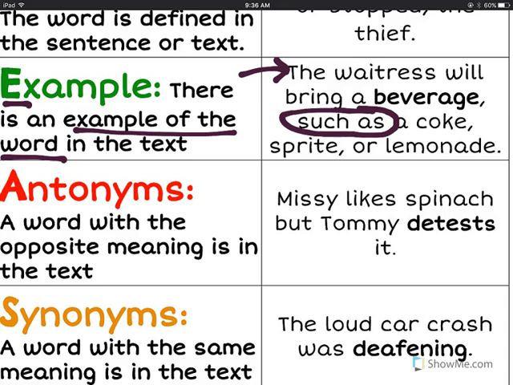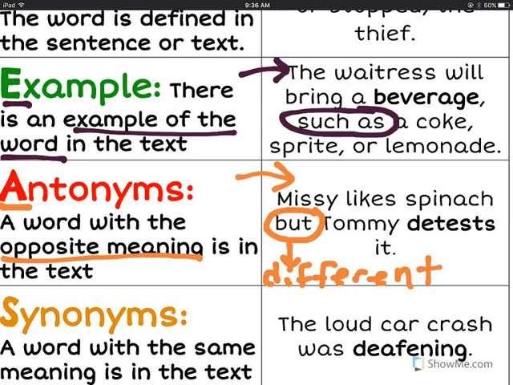The next clue in IDEAS is A, antonyms. We know that antonyms mean the opposite. In this example over here, we have Missy likes spinach, but Tommy detests it. We have this FANBOYS word, but. But is a big indicator that something is going to be different.